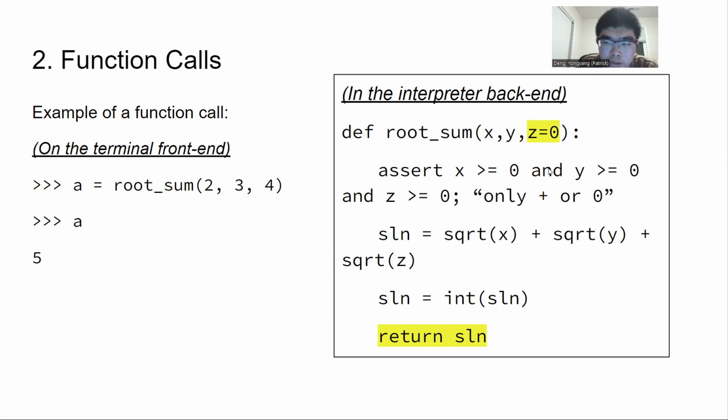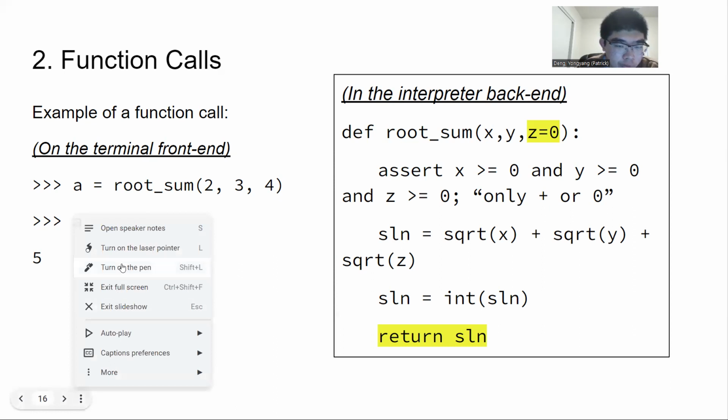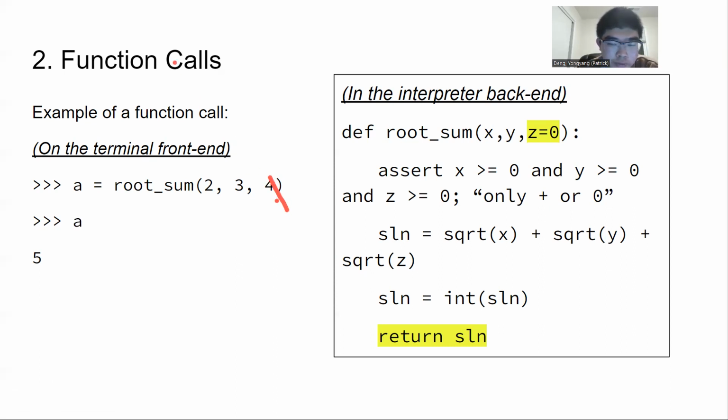If I input the third value, c will become the third value, which is 4. If I only have 2 and 3, the c will be 0. This is the default. So this is what c equals 0 does.